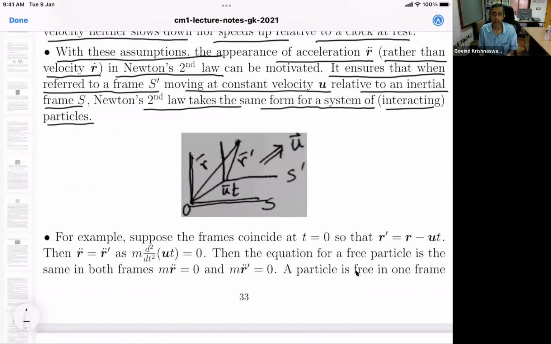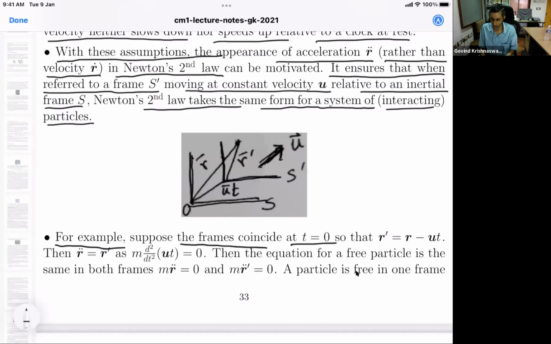I think this is already evident to you, but let me just go over it. Suppose the frames coincide at t equal to 0, as this picture shows. The frame S prime is moving in this direction with velocity u.